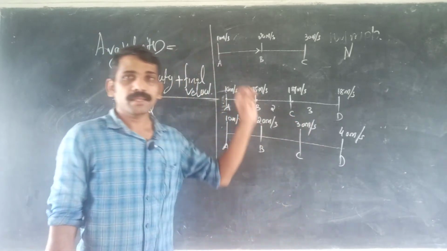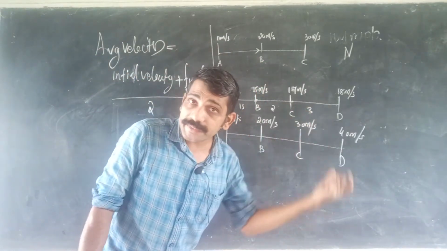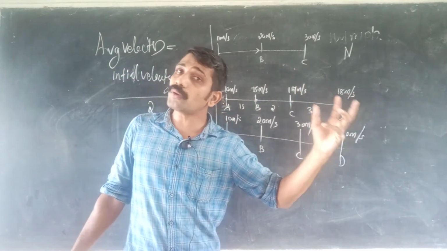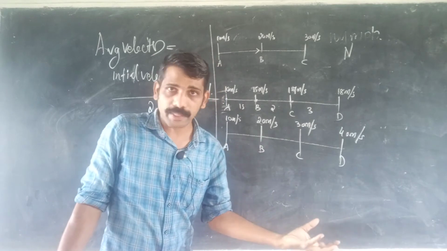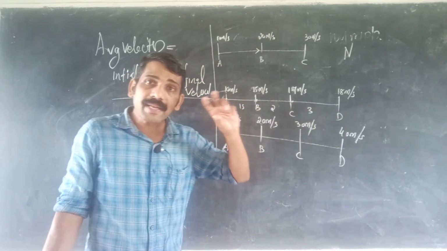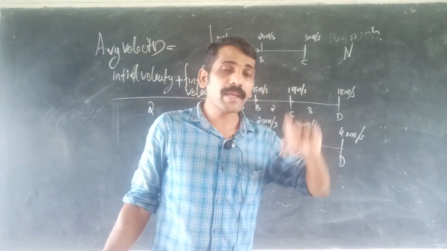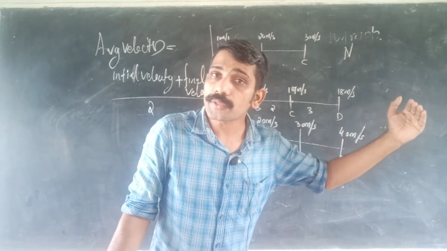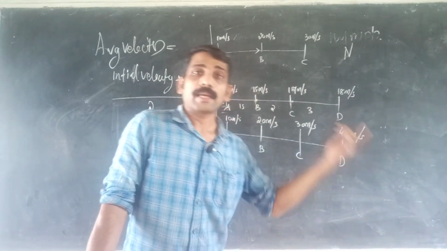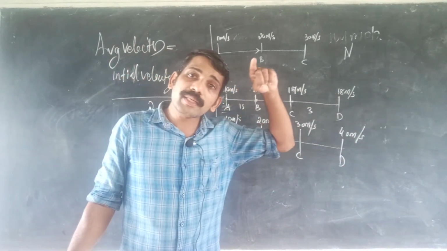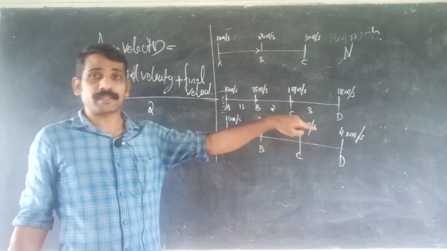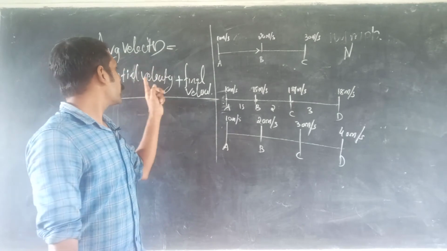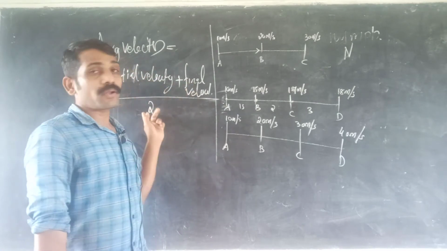If the velocity is changing at a non-uniform, variable rate, then average velocity is found by the equation total displacement divided by total time. And if the velocity is changing at a uniform rate, then average velocity is found by initial velocity plus final velocity divided by 2.